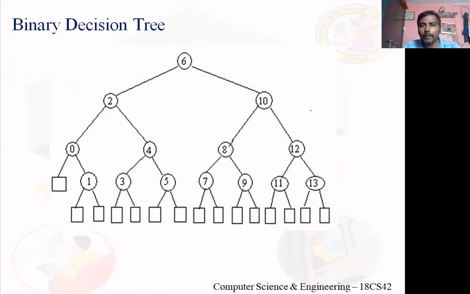I repeat, worst case 4 comparisons. Then what is the best case, meaning the minimum number of comparisons? Which element is going to take the minimum number of comparisons?